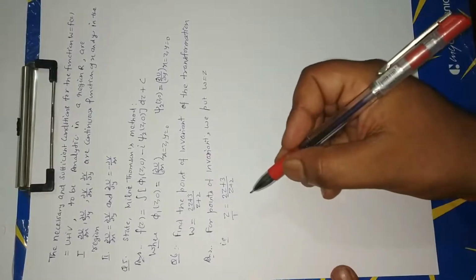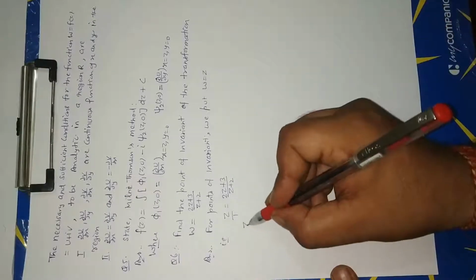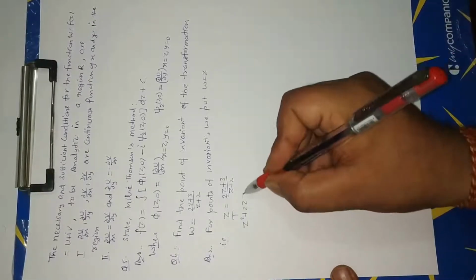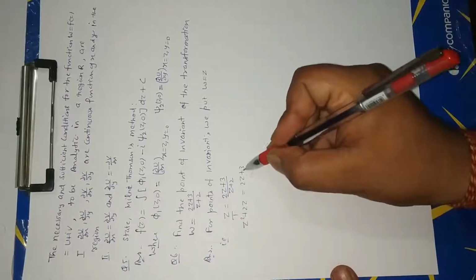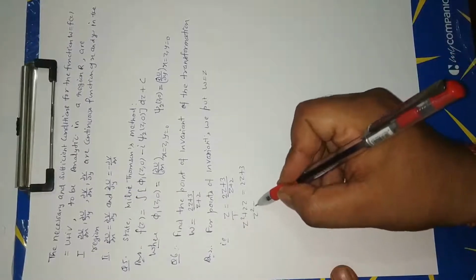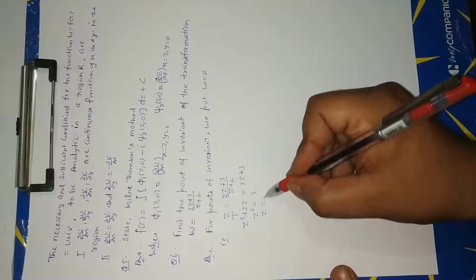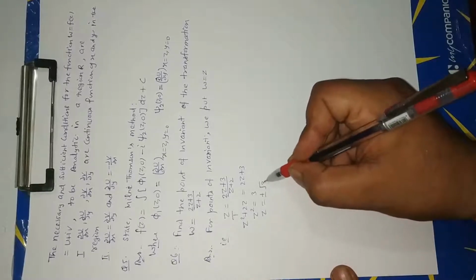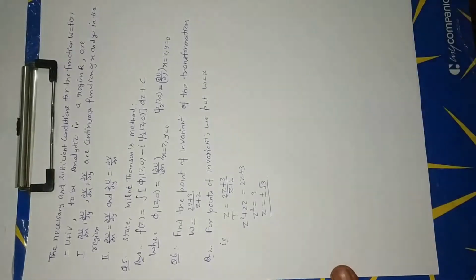Now by cross multiplication, z² + 2z = 2z + 3, that is z² = 3. Now z = ±√3. These points are invariant points.